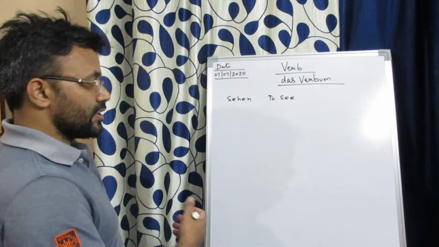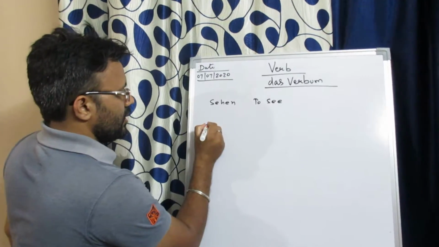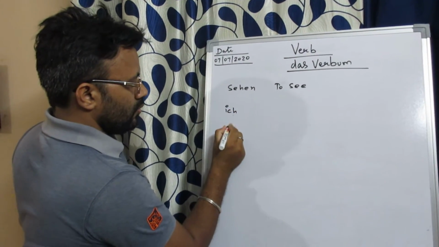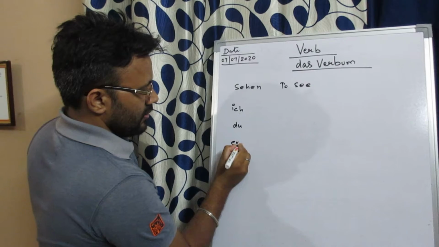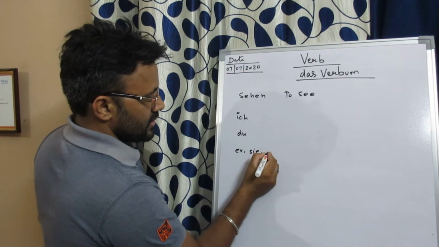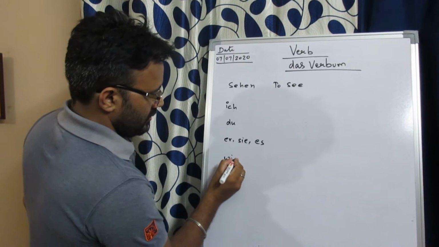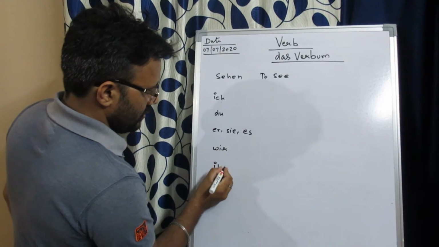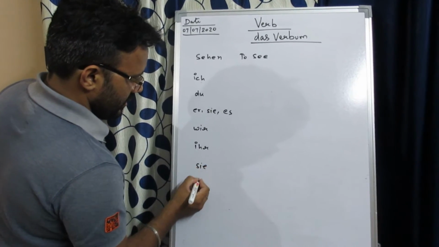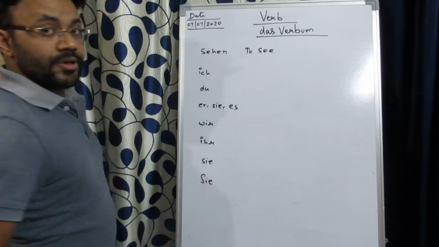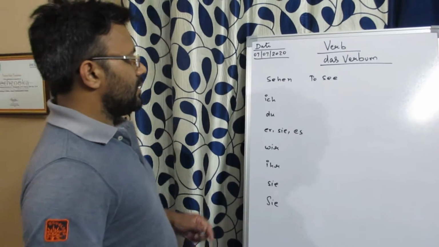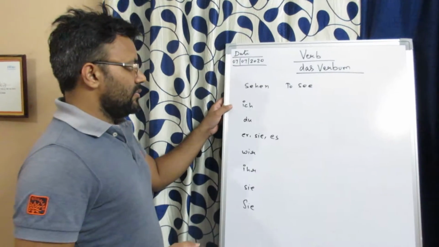So we have ich, then du, then sie, es, then wir, then ihr, then sie and Sie. These are the personal pronouns, and I am giving you the meaning.